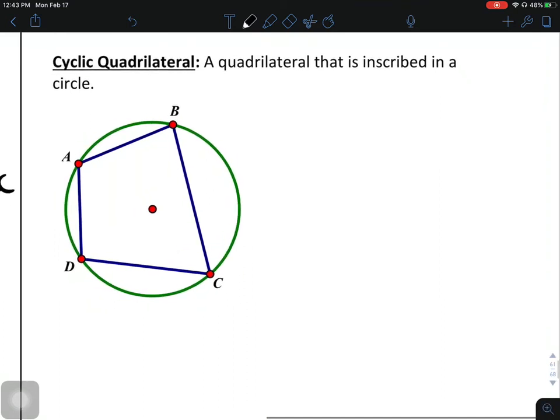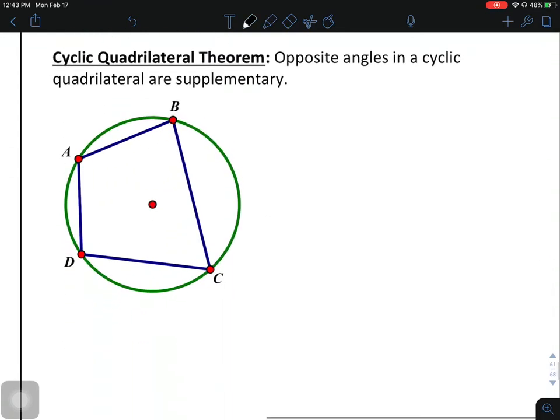Definition. Cyclic quadrilateral. Quadrilateral, four-sided polygon, that is inscribed in a circle. Inscribed means that each of the points, each of the vertices are on the circle. Cyclic quadrilateral theorem. Opposite angles in a cyclic quadrilateral are supplementary.